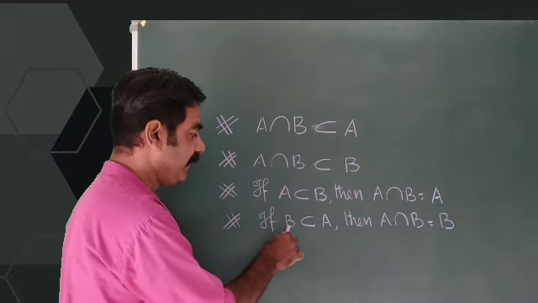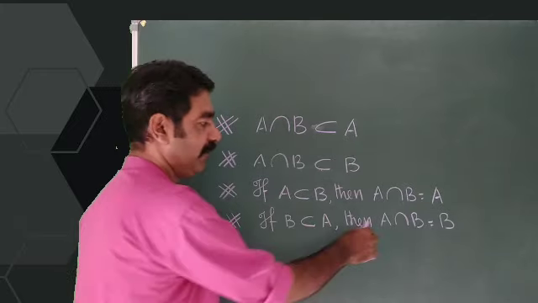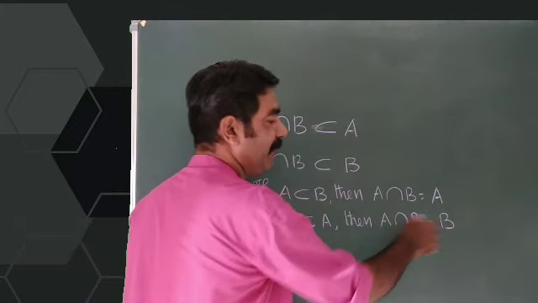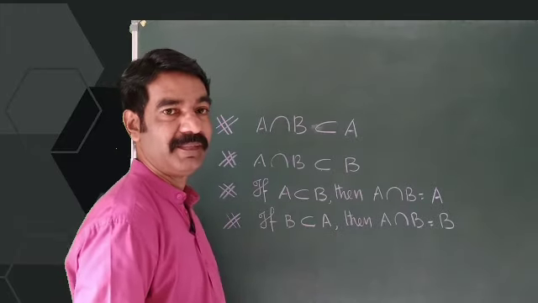Similarly, if B is a subset of A, all the elements in B are in A, then A intersection B will be B. Okay, so these are some points to be remembered.